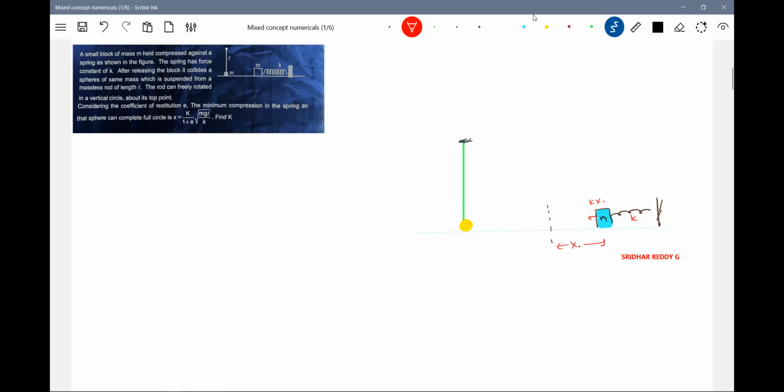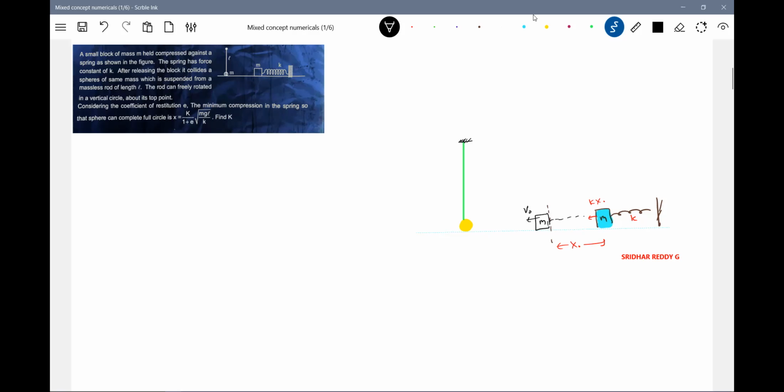A block of mass M held compressed against the spring, as shown. The spring has force constant k. After leaving the spring, the block collides with a sphere of the same mass which is suspended from this one. So by the time the block arrives here, it will have velocity, say v1 or v0, whatever you put.